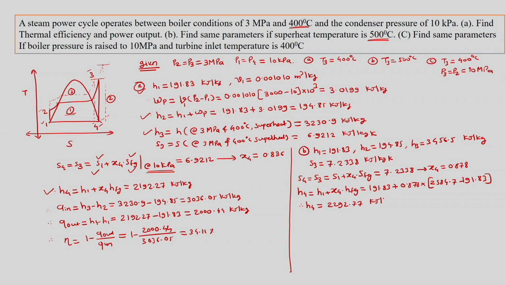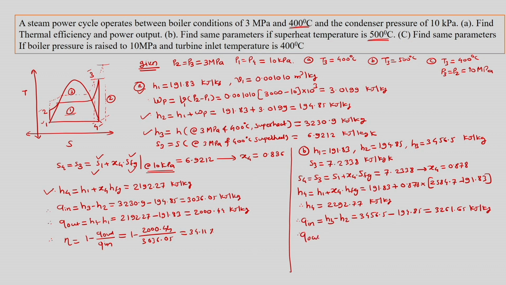This gives us H4 is equal to 2292.77 kilojoule per kg. So we can find Q in, which is H3 minus H2. H3 is 3456.5 minus H2, which is 194.85. This gives us Q in as 3261.65 kilojoule per kg.